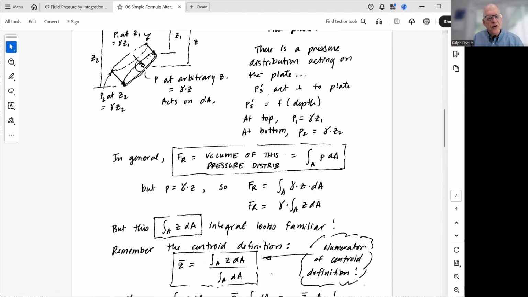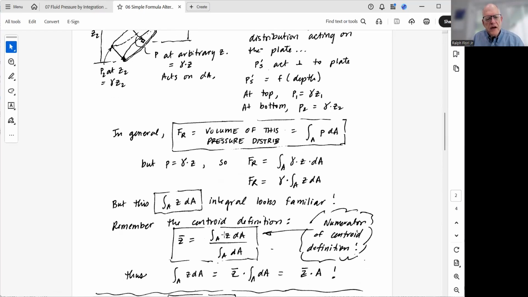If you look at that integral of Z dA, that looks familiar. It's the first moment integral. If you remember our definition of the centroid formula, the centroid Z of an arbitrary area relative to some axis is the integral over the area of Z times dA divided by the integral of dA. The numerator is a moment equation, and the denominator is basically just the area of the plate.